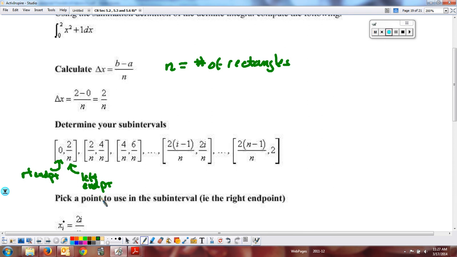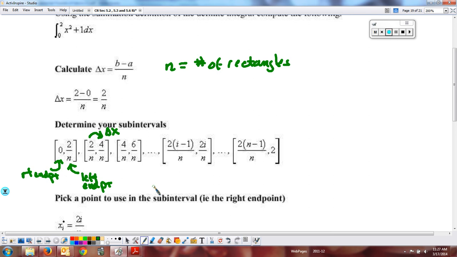The right endpoint of this rectangle would be the left endpoint of the next one, and then we calculate the next endpoint. All I'm basically doing is adding my delta x each time, which is 2 over n. So we go 2 over n to 4 over n, to 6 over n, to 8 over n, and so on and so on. And we want to come up with this idea of a general rule.